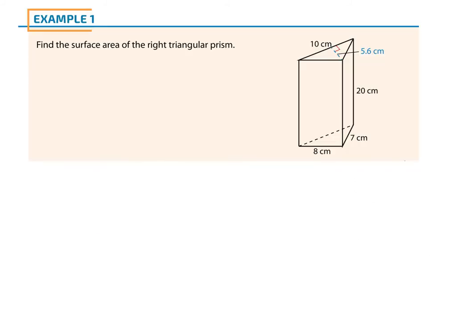Let's look at this, all right? They want the surface area of this right triangular prism because that's what we're talking about. So let's talk about just lateral area. If I were to ask for the lateral area of this, I would want the area of just my faces, okay? So I need the perimeter of my base first. The lateral area is going to be perimeter times my height.